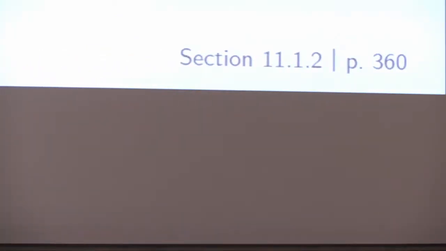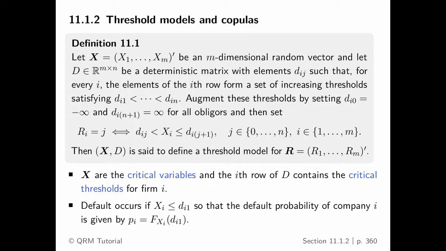And the model simply says that if the critical variable lies between two thresholds, then the state variable is set to a particular level. So let's say the state variable is set to j if and only if the critical variable lies between these two levels. In a default-only model, we can put Yi here. So we will have Yi is 0, provided the Xi is above a threshold, and we will have Yi as 1 if Xi is below that threshold.